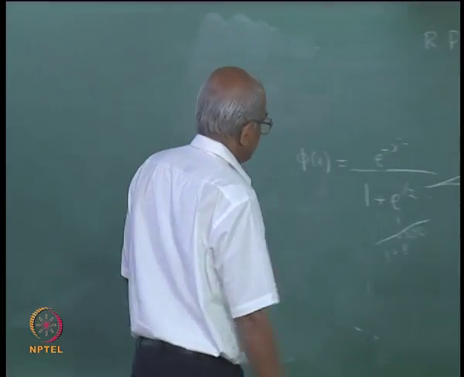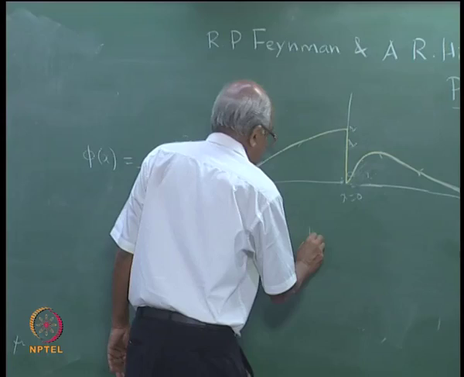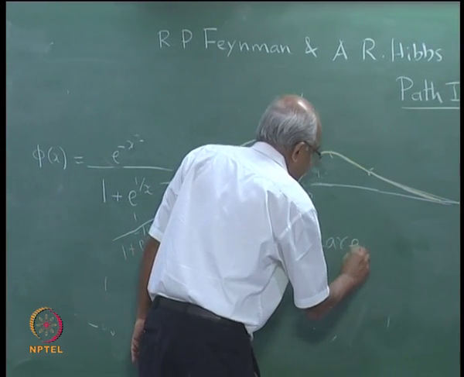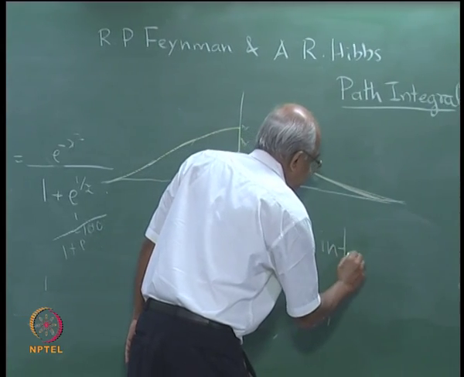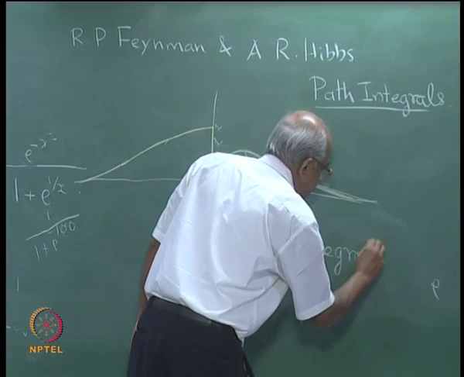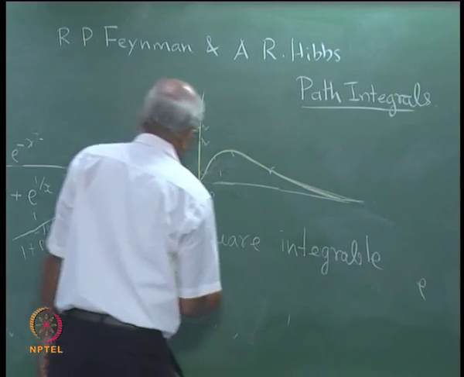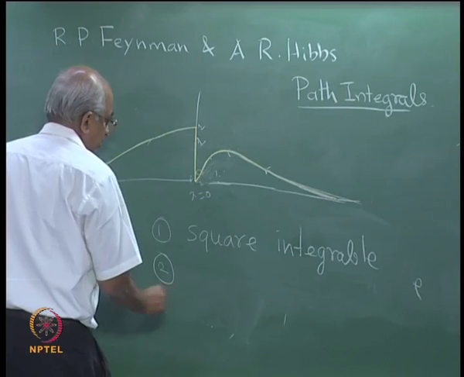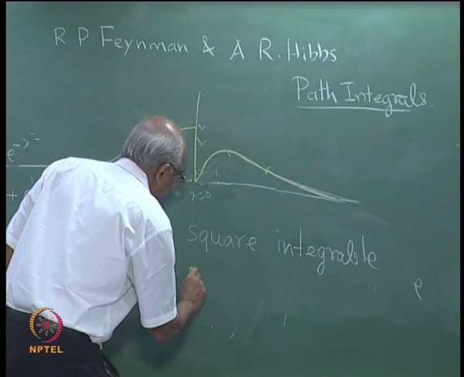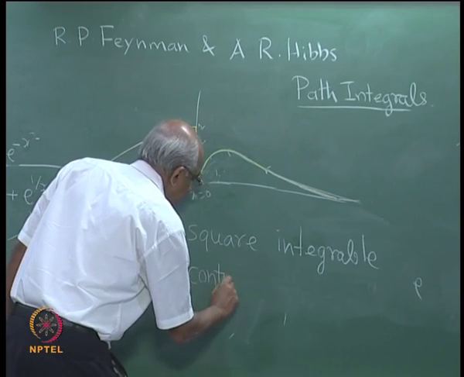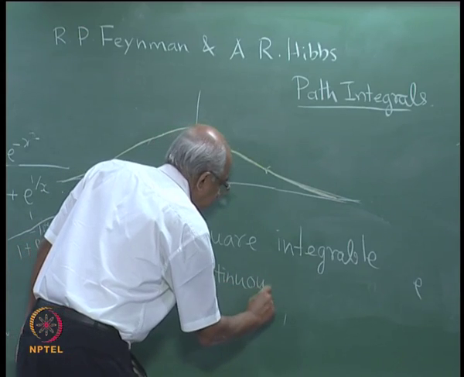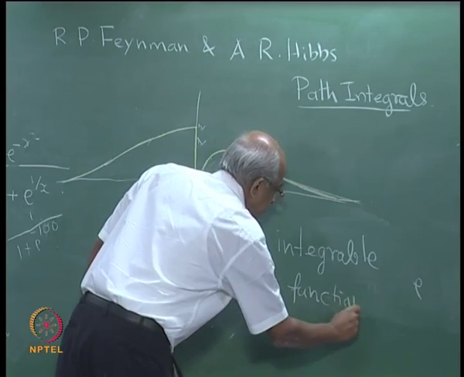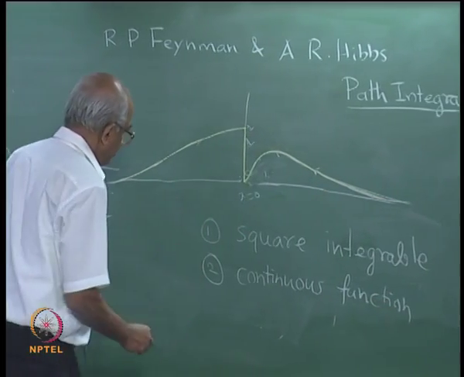So the wave function has to satisfy two conditions actually. One, it has to be square integrable, and the second is that it has to be a continuous function. There are three conditions, not two.